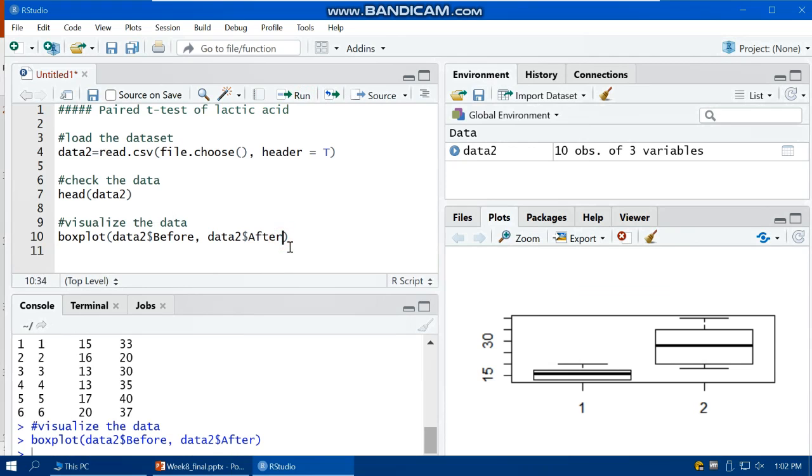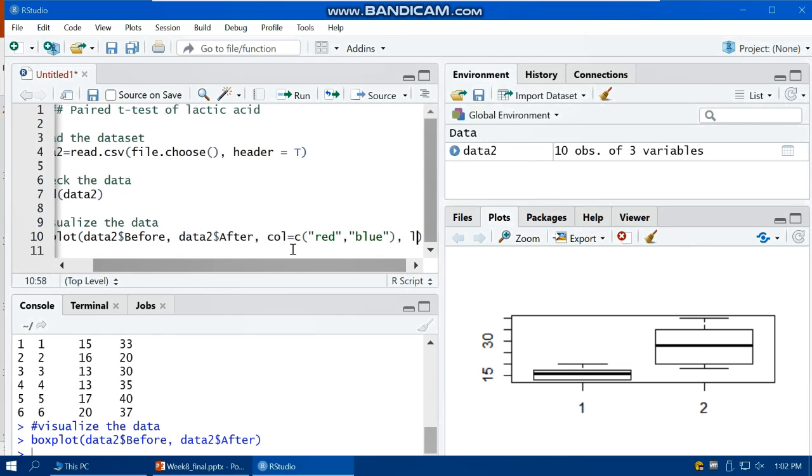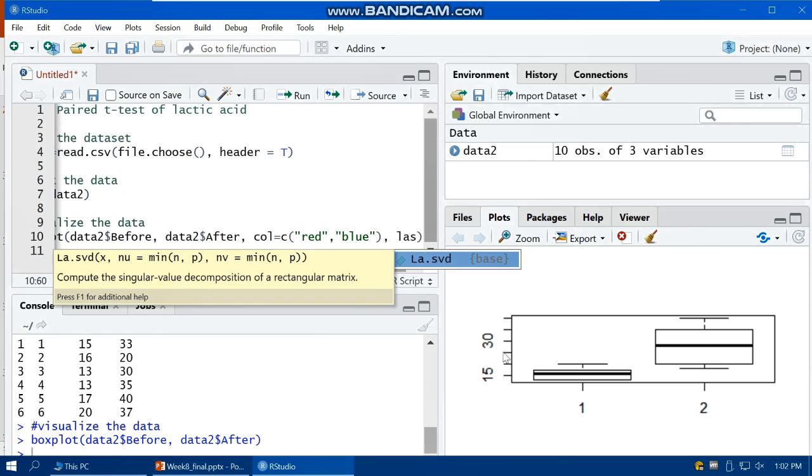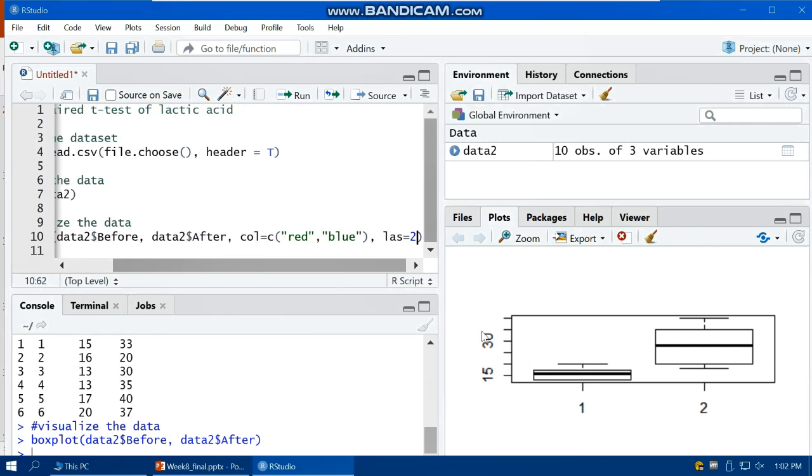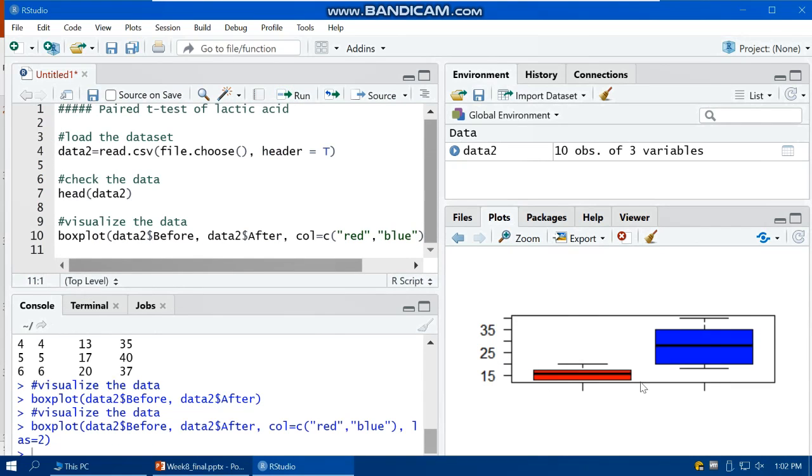We can, for example, change the color of the first one to red, the second one to blue, and just make this horizontal, with las equals 2. Okay, so it seems like the amount of lactic acid improved, right?